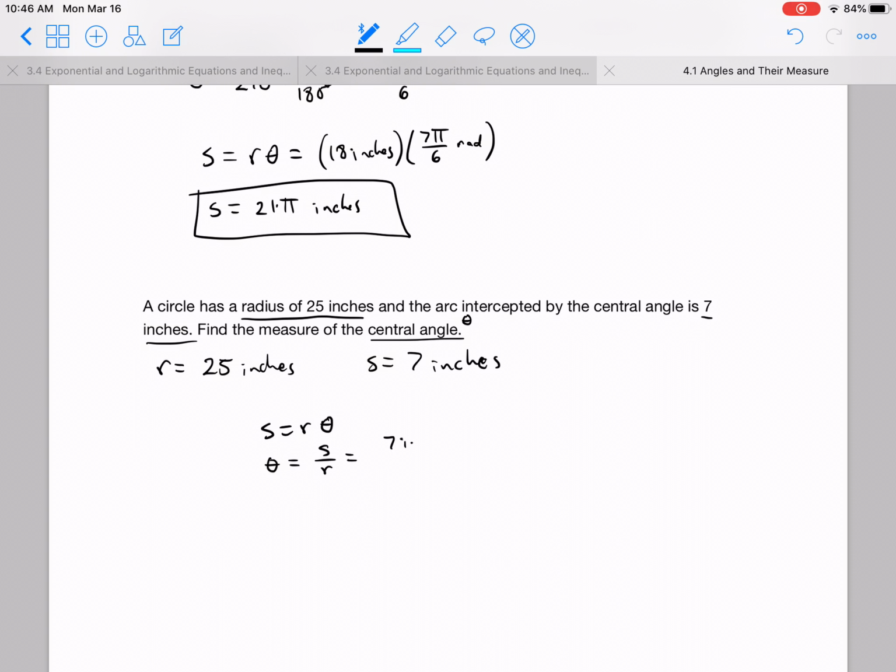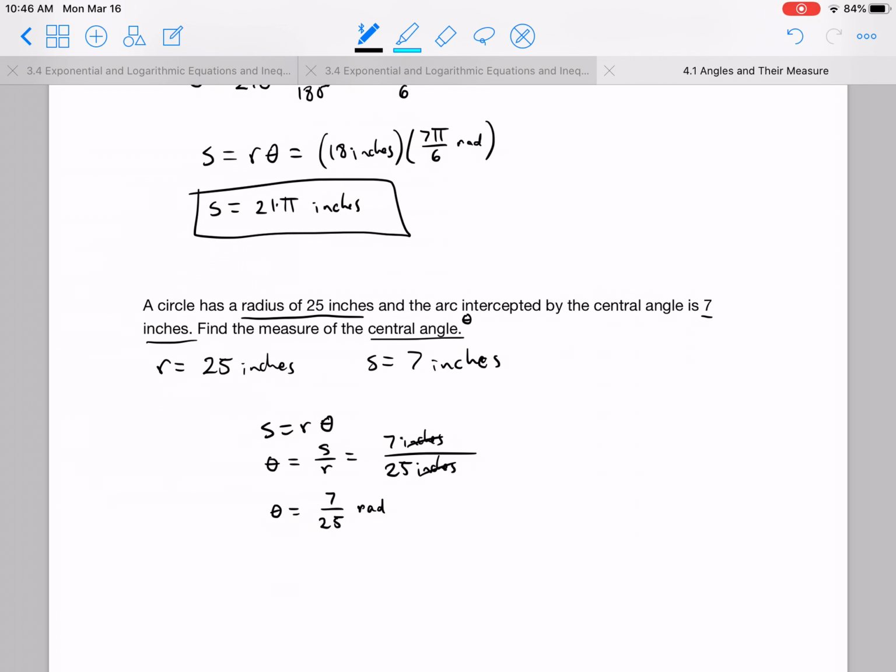S is 7 inches, R is 25 inches, and the inches cancel with the inches, and we're left with 7 over 25. And since this is an angle ratio, or the ratio of a circle, we can go ahead and add that radian unit back on there. Well, kind of a fake unit there, but there it is. It's 7 over 25 radians, so that we know we're talking about an angle measurement there.